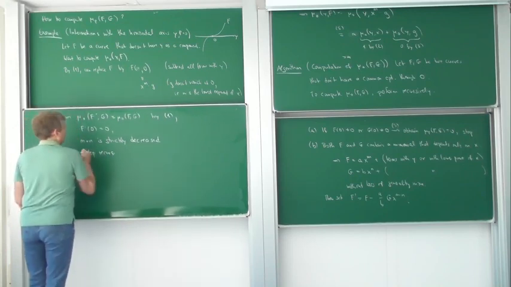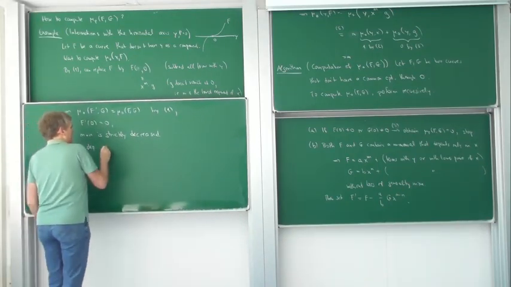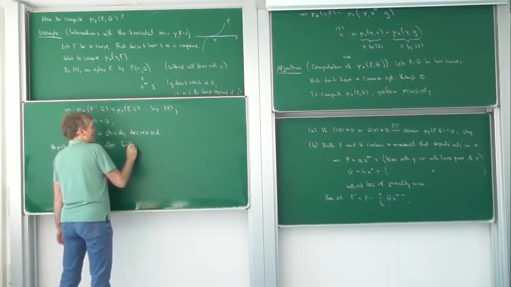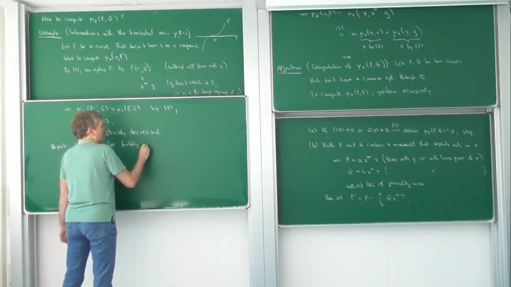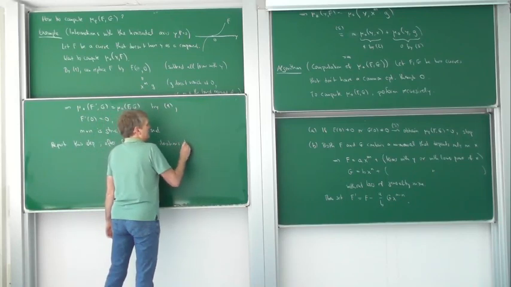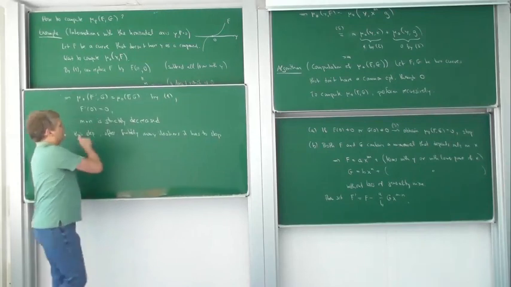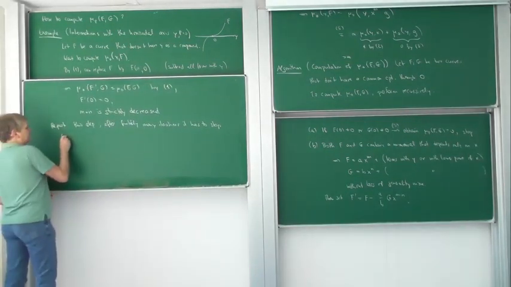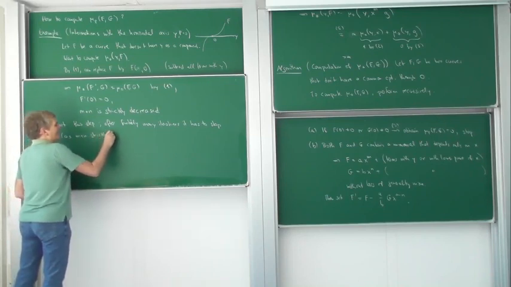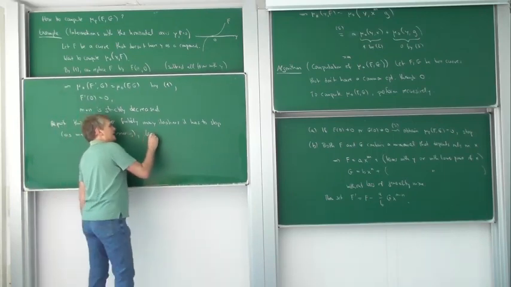We'll say repeat the step, and after finitely many iterations it has to stop, as this natural number is always decreased. So as m plus n is strictly decreasing, this leads then to the last case.